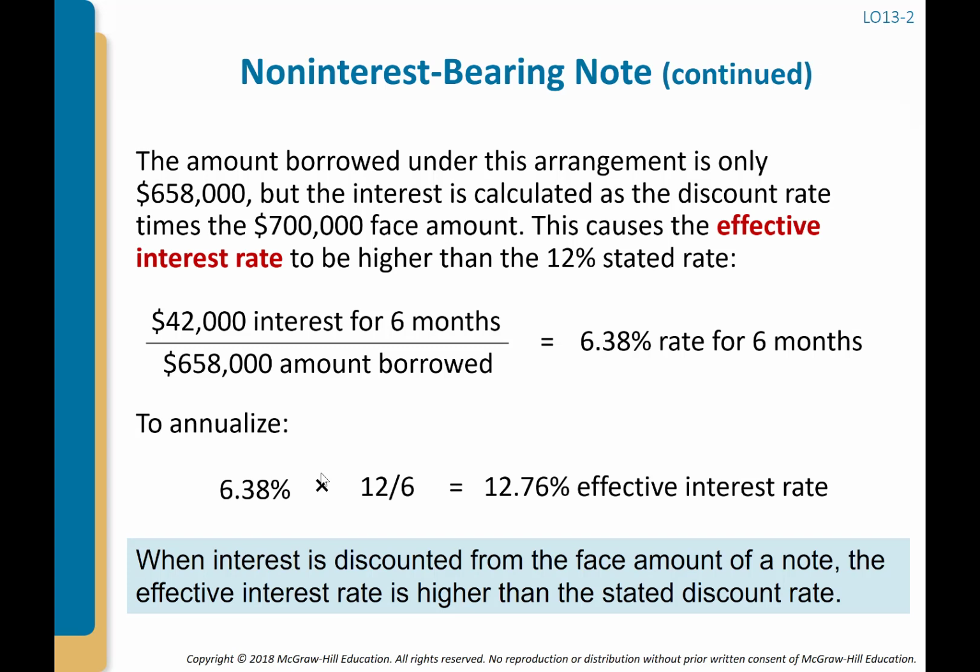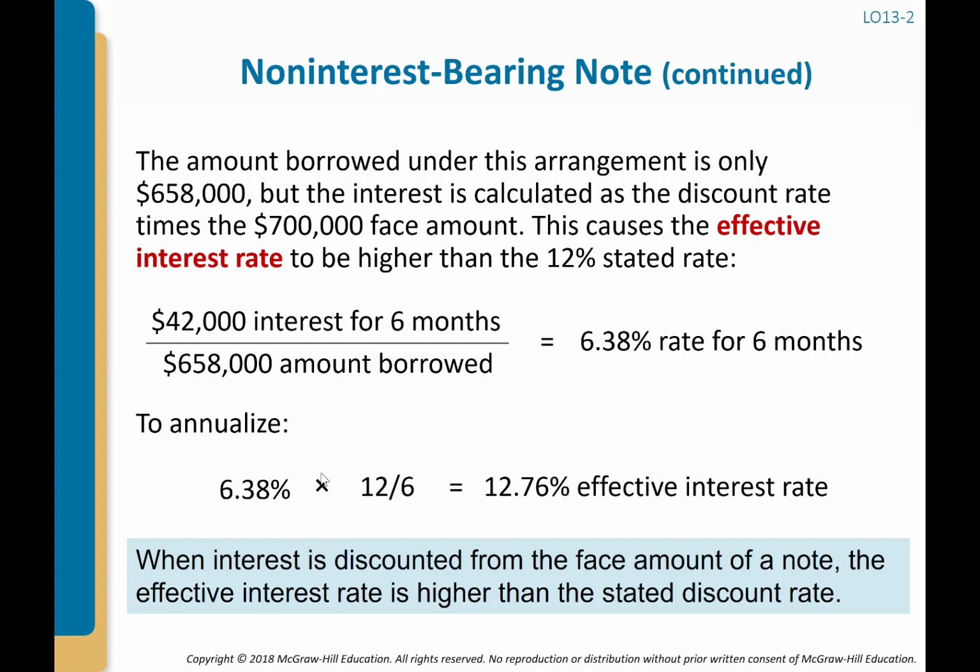They take 42,000 and divide that by 658,000, and that gave them this 0.0638, or 6.38, right?